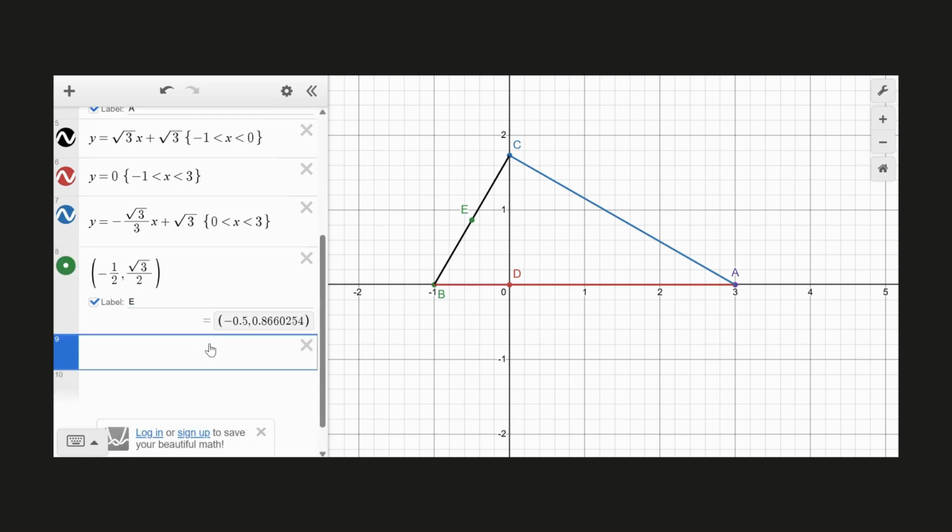So deriving the line equation, we have that the rise is -√3 over 2, and then we have the run is 7 over 2. So we get the slope must be -√3 over 7.